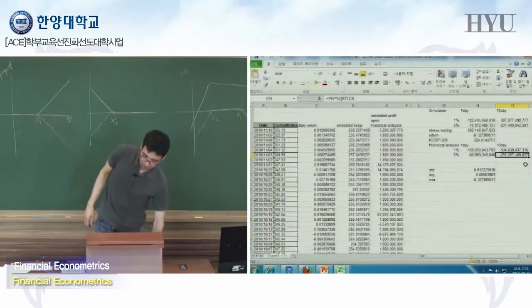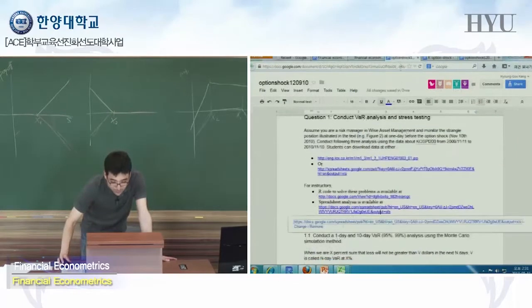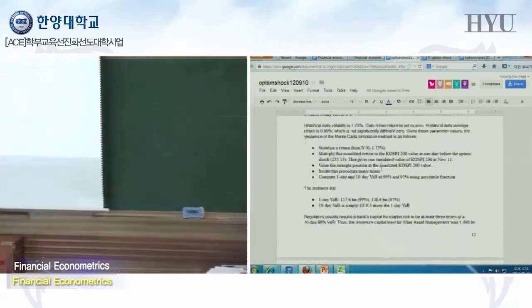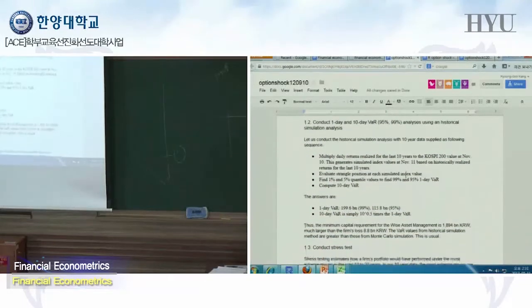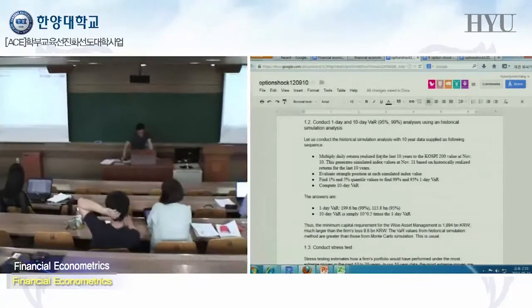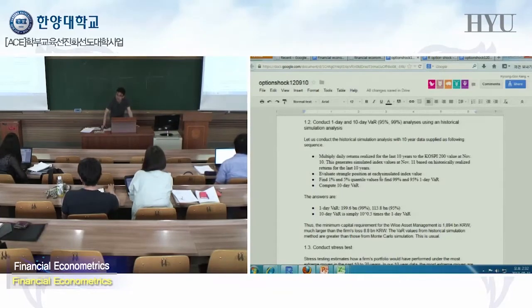So we can make a conclusion about historical analysis. Again, let's summarize what we have done. First, multiply the daily returns realized for the last 10 years by the KOSPI 200 value at November 10, today. This generates simulated index values at November 11 based on historically realized returns for the last 10 years.